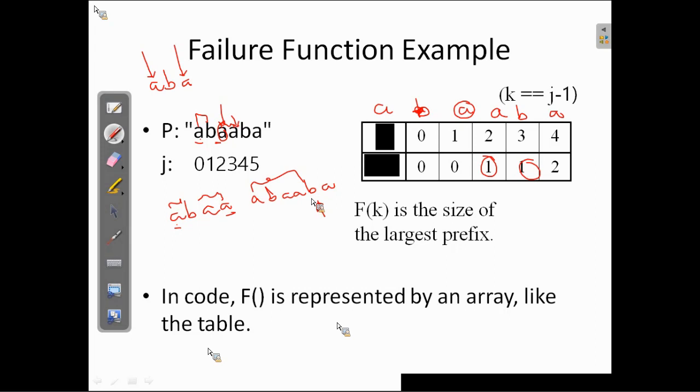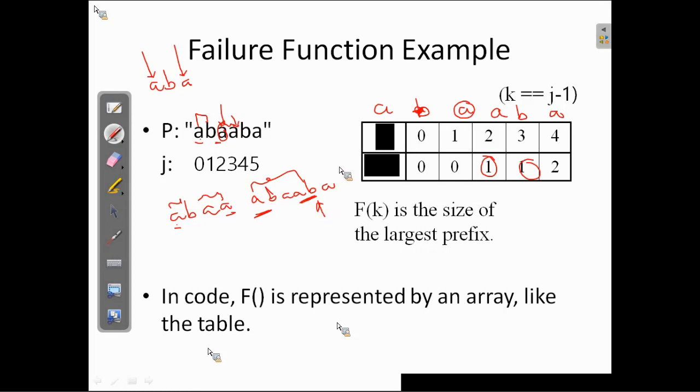Now, if you look from this position onwards, backwards, what is the length of the longest prefix which is also a suffix, or the longest suffix which is also a prefix? See, AB is a suffix, and it is a prefix also, up to this point. So this will be 2.